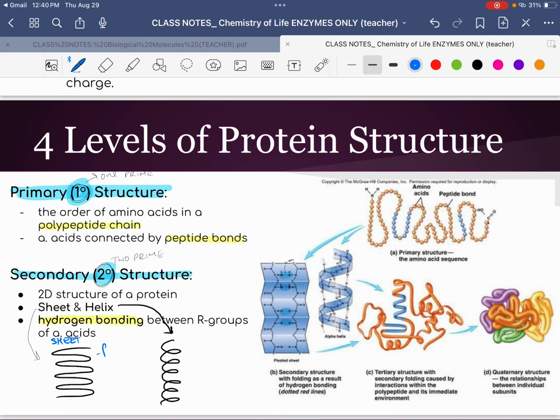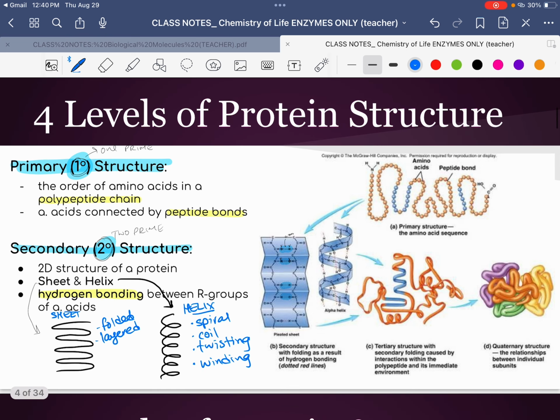You could say it's folded, or it's layered. And then over here, this is helix. And you could say that it's a spiral, or it's a coil, or it's twisting. Okay, you could say that it's winding.